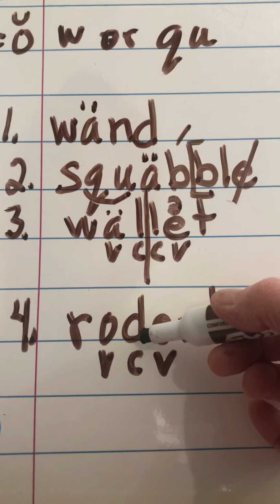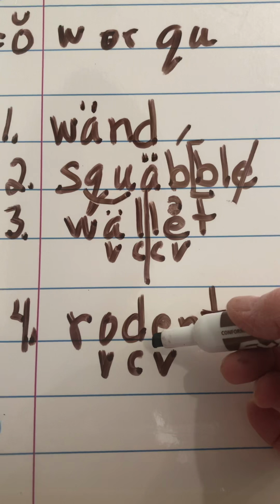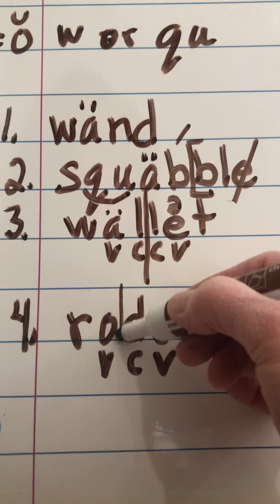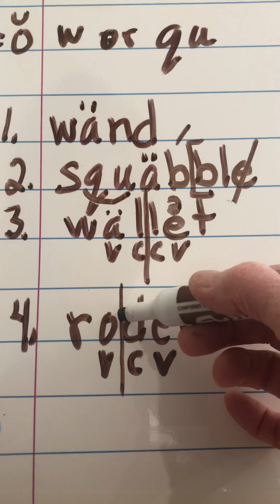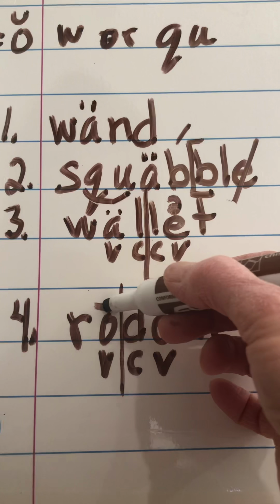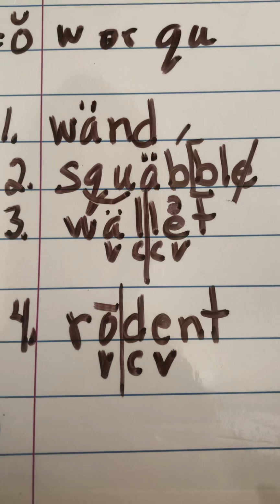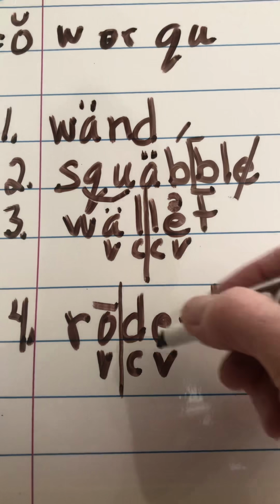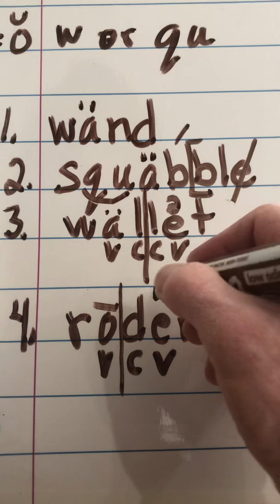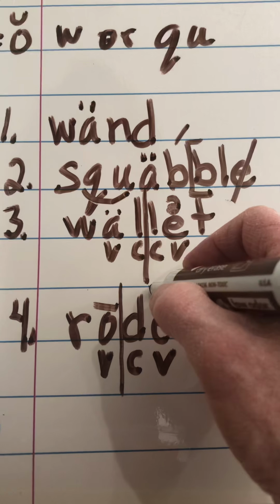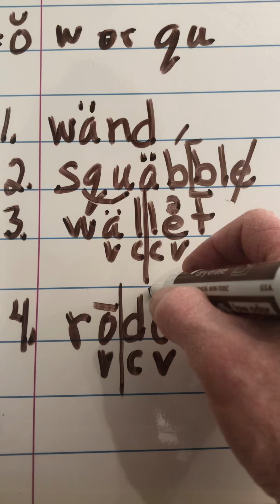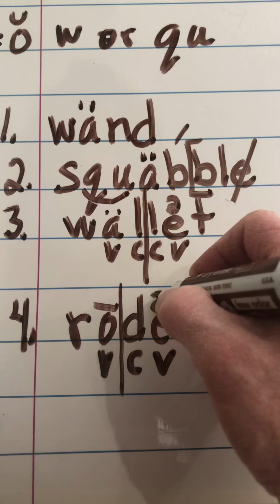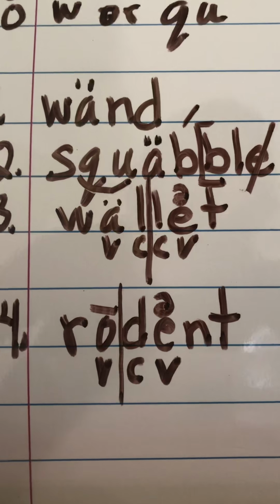The rodent was running through the barn. I never heard of the word rodent. So I would have to draw the line here, which if I divide it out here, this is automatically a long vowel sound. Okay, now I have the word rodent. This is not rodent, it's rodent. How's that sound right there?